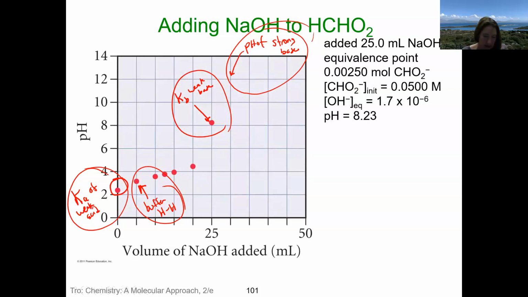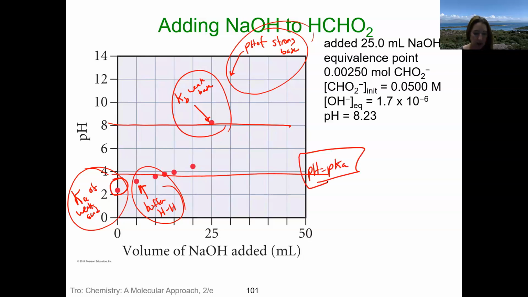You can't really see it. So this is about our half, so here's your equivalence point. When you're at half your equivalence point, it's when your pH equals your pKa. And it has kind of a special thing, and you use Henderson-Hasselbalch there because we're in the buffer region, right? So at the half equivalence point, pH equals pKa, and we'll do one of those in just a minute.